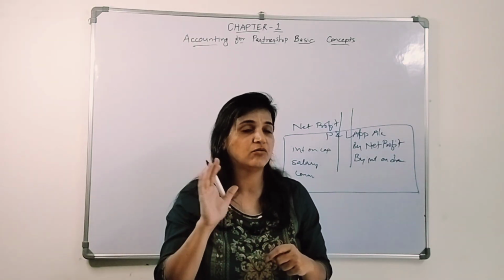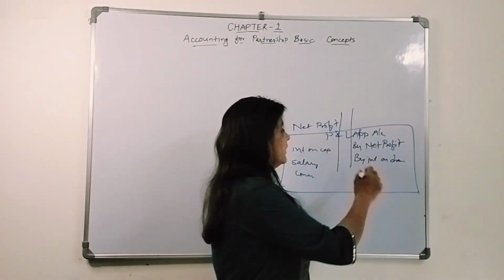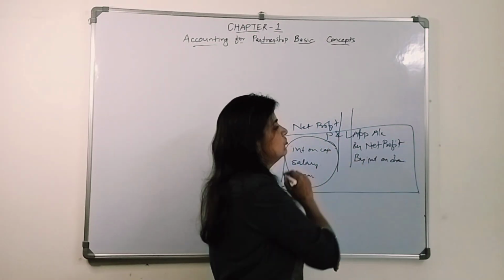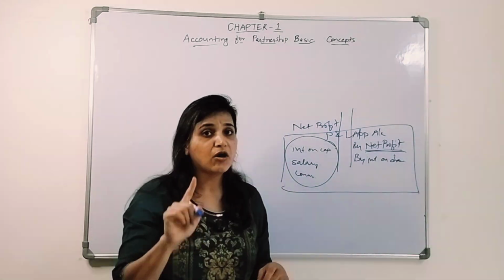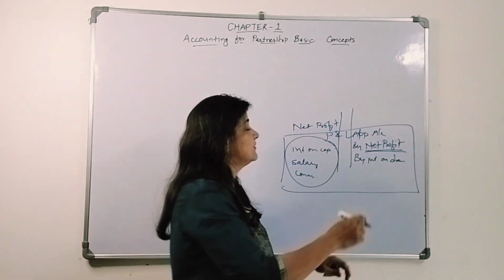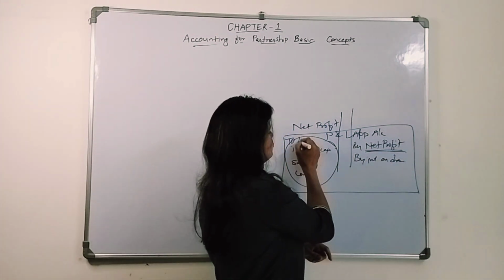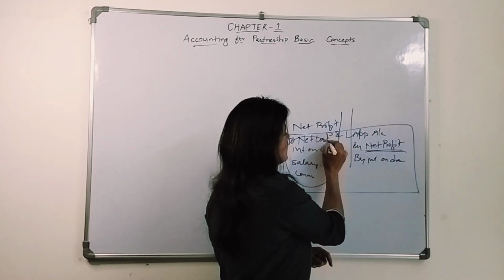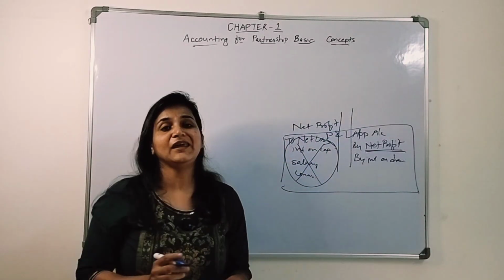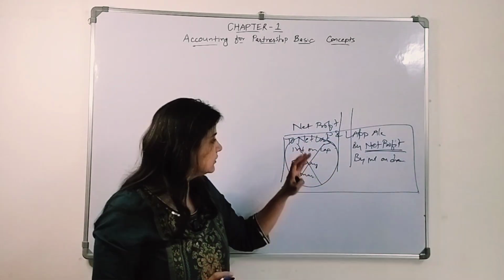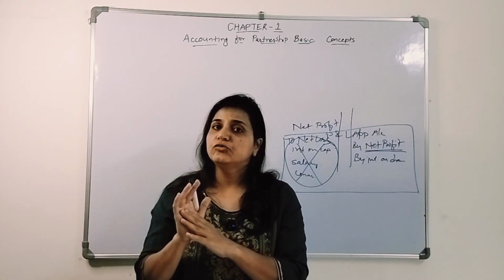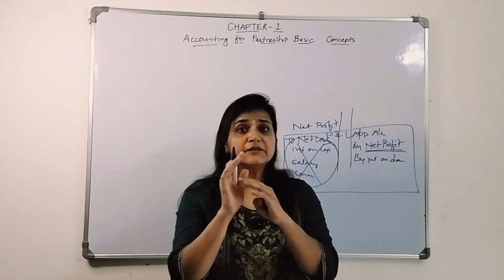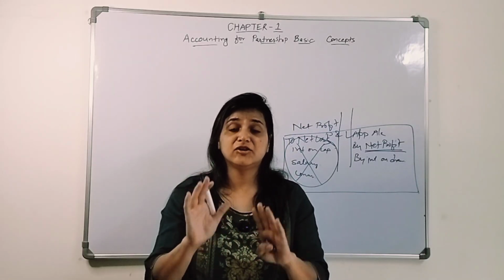Secondly, only and only you give these things to the partners if the firm has earned profit. If the firm has incurred a net loss, then we won't give anything to the partners. We won't give interest, salary, commission or any kind of remuneration to the partners, even though it is mentioned in the partnership deed.